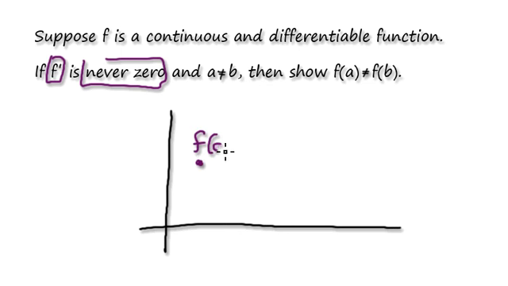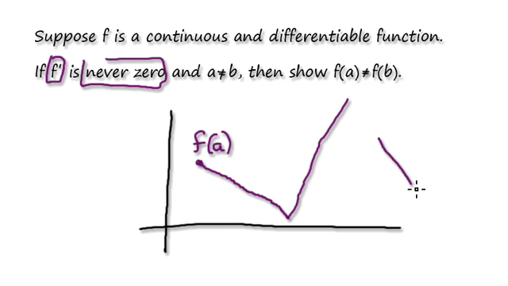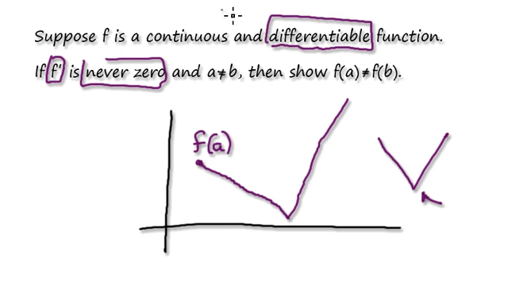If f prime is never zero, you could argue that, let's say this here is f of a, it's negative at the moment, and then all of a sudden it switches to positive. But for you to have a negative gradient and then all of a sudden a positive one, this is not really differentiable, because the condition placed on you is that it has to be differentiable and continuous.